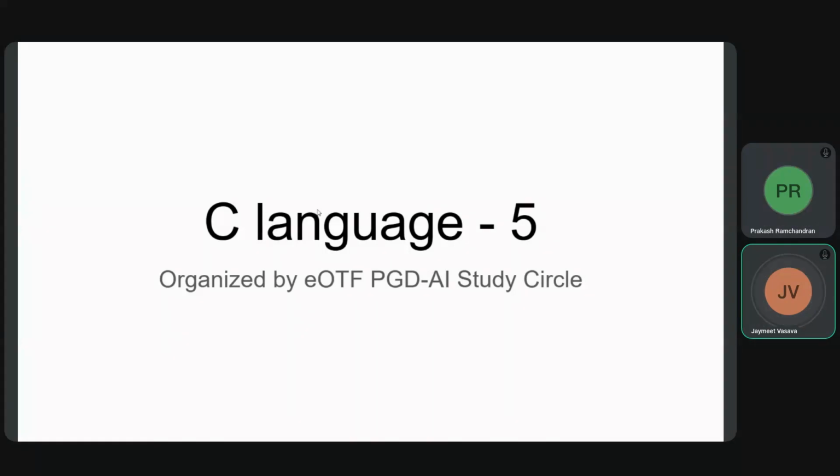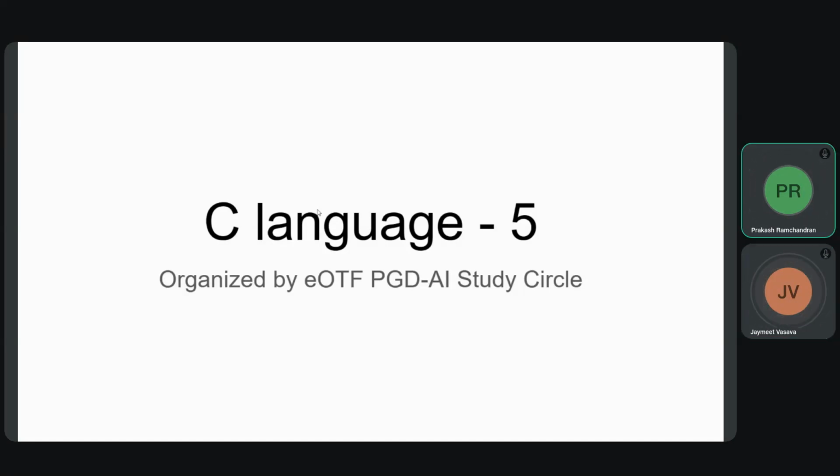Hi everyone, welcome to the session on C language, which currently will deal with the IO file system, typedef, etc. And this is the fifth session, and Jamid has been leading this study circle for the C language for the preparation of the PGD AI, that is postgraduate diploma in AI coursework.